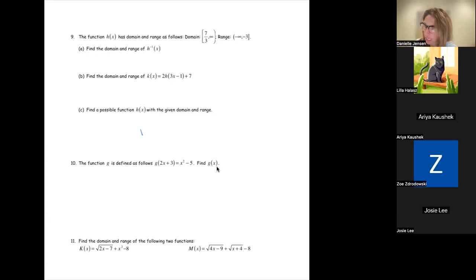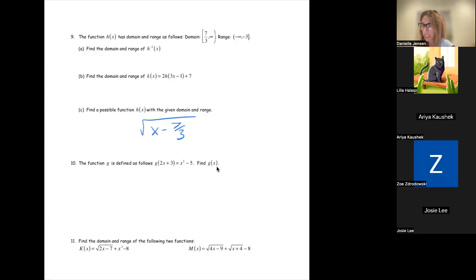Some people said do x minus 7/3. Totally fine. I did 3x minus 7 just to not have a fraction under the square root. Do you see how that would have a domain of 7/3 to infinity? Yeah, I do.